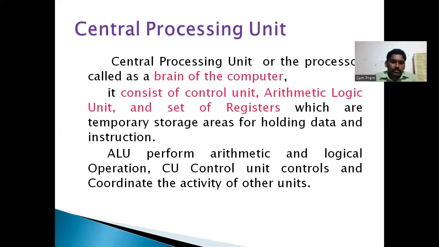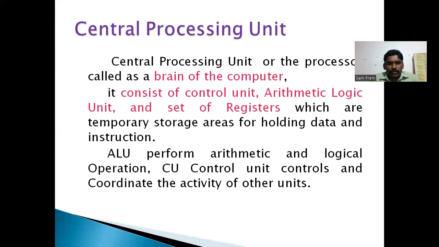And then the next one, central processing unit. The central processing unit is nothing but the brain of the computer. It performs both arithmetic and logical operations, and it also has a set of registers and a control unit. Here it consists of three parts: the control unit, the arithmetic and logical unit, and a set of registers.